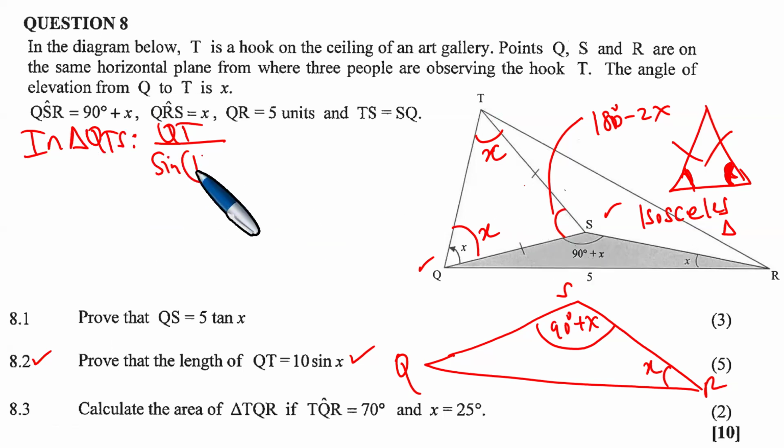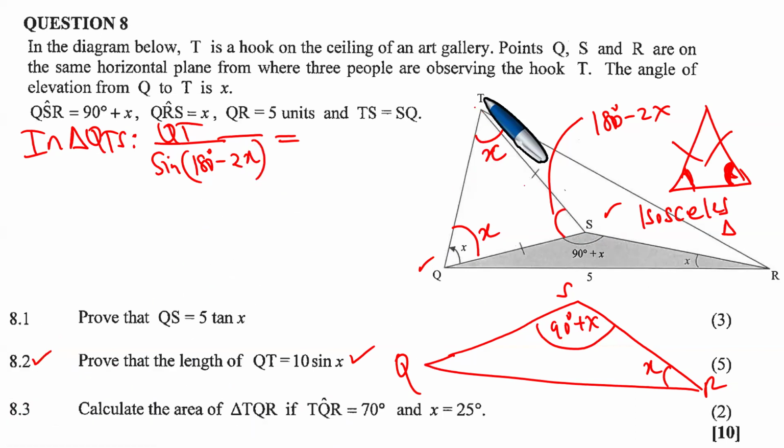And this is 180 degrees minus 2x. So QT over the sine of 180 degrees minus 2x is equal to what? You can take one of the sides. If the sides are equal to each other, QT over the sine of 180 degrees minus 2x is equal to another side. What other side exists? Check the triangle.